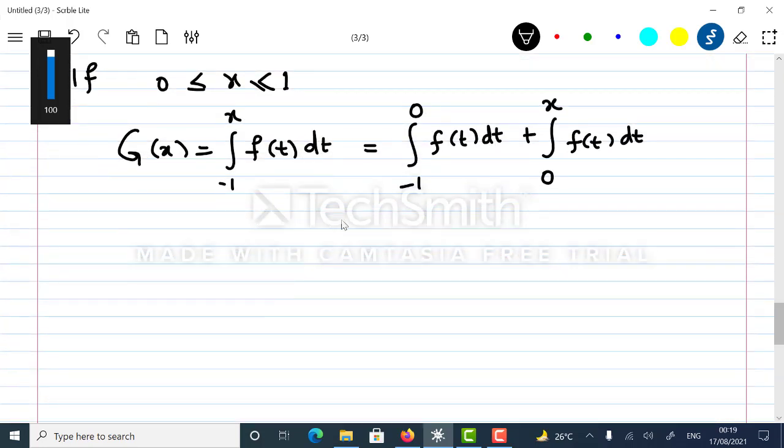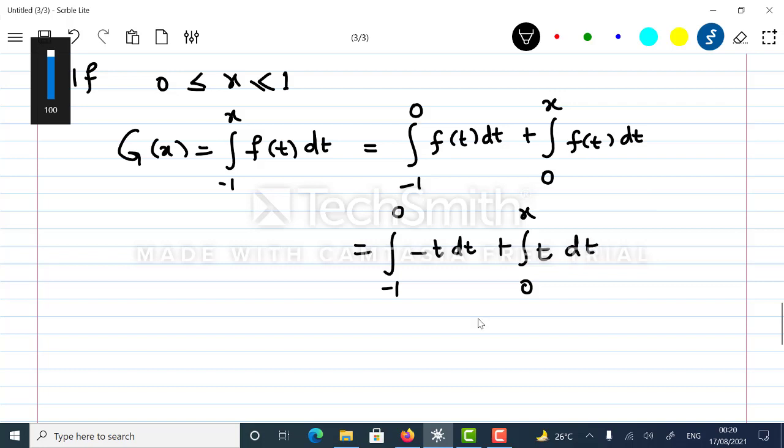Now between -1 to 0 my function is very clear: it is minus t dt, plus the integral from 0 to x, and there it is a positive function, so f of t is t dt. So let me integrate this.